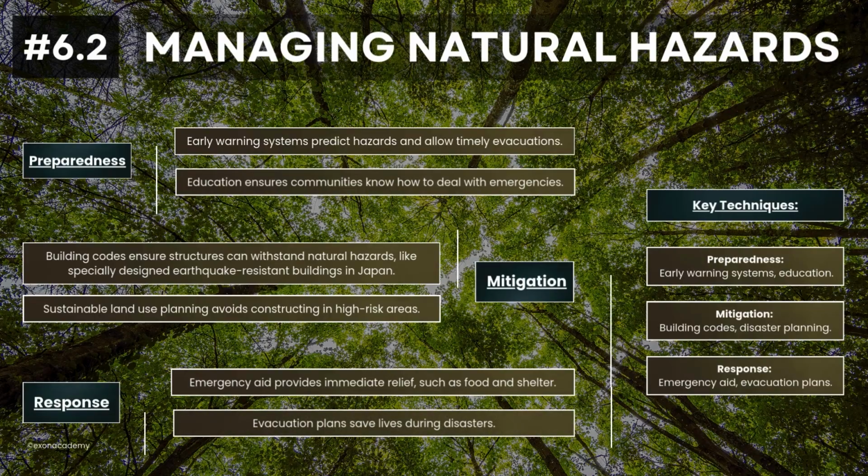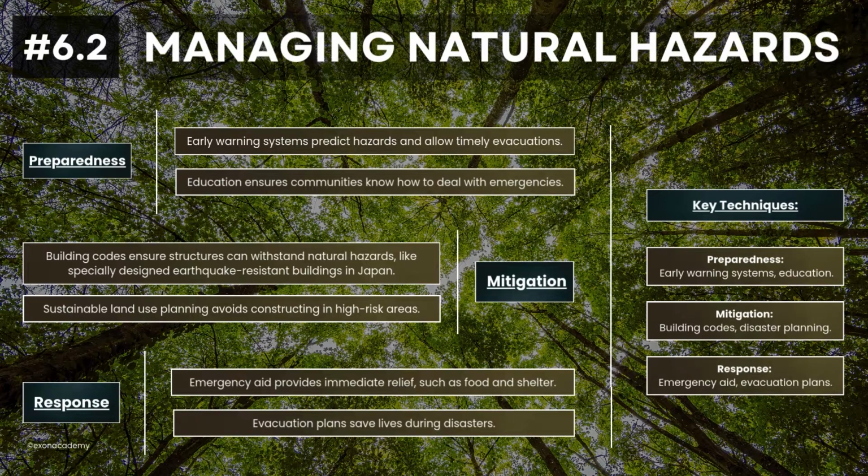Chapter number 6.2, Managing Natural Hazards. Effective management minimizes the damage caused by natural hazards. Number 1 is preparedness. Early warning systems predict hazards and allow timely evacuations. And public education ensures communities know how to respond during emergencies. Number 2 is mitigation. Building codes ensure structures can withstand hazards, like earthquake resistant buildings in Japan.